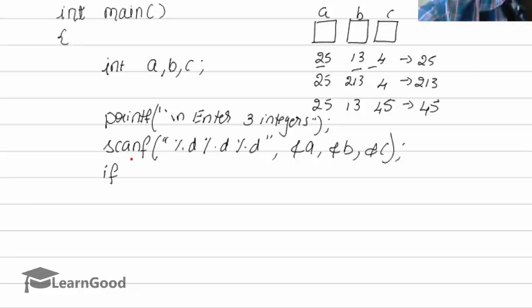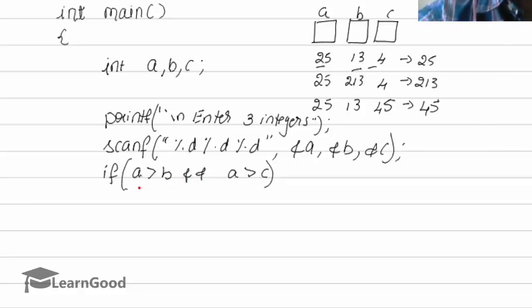If a value is greater than b and a value is greater than c, if both the conditions are true, and I've used a logical operator and.